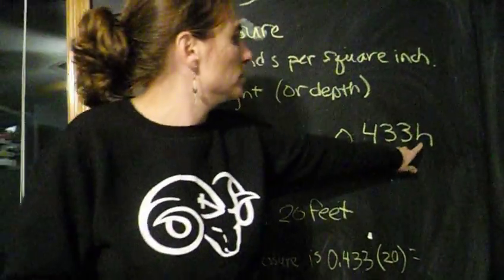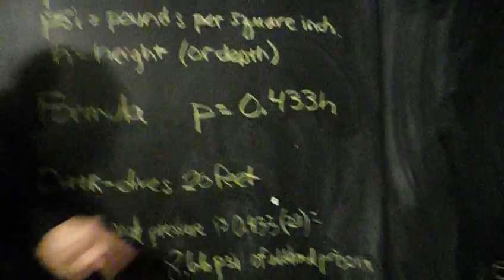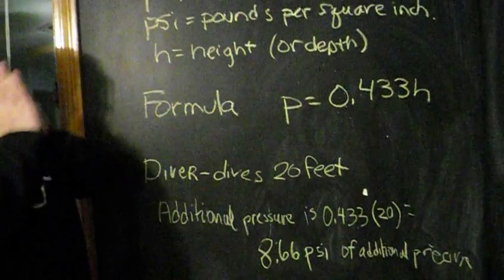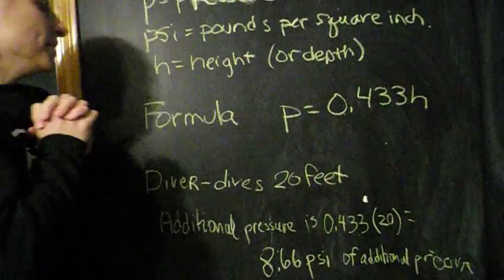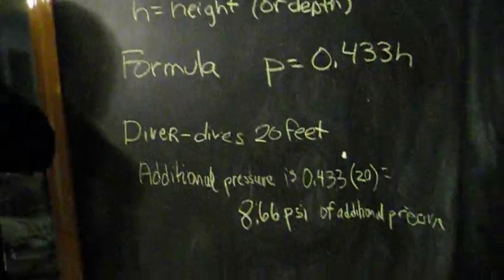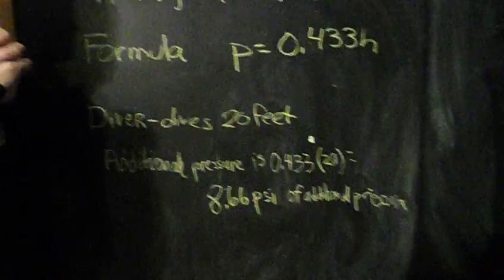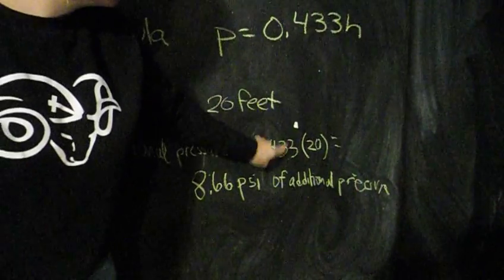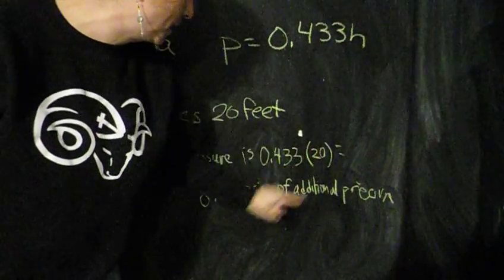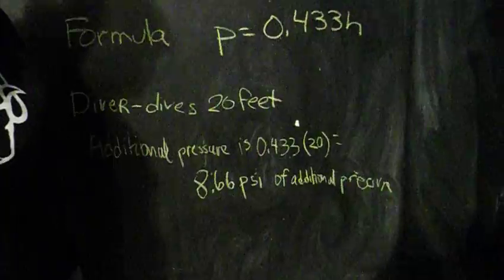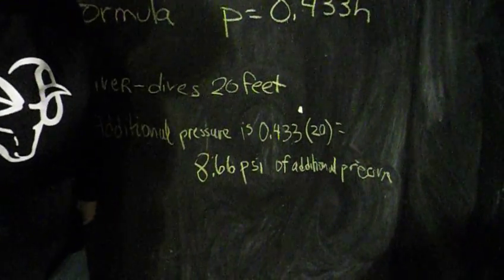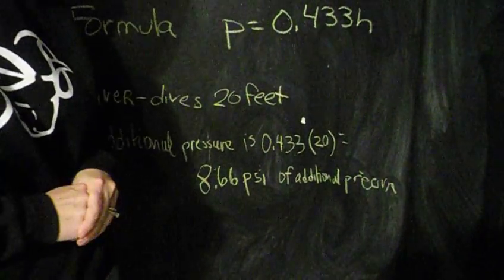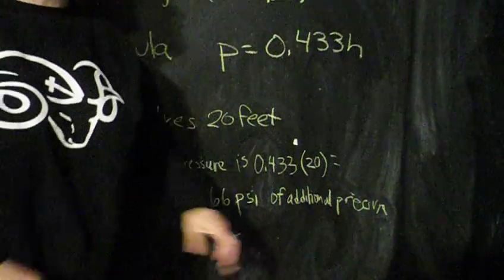The H is the height and the P is the pressure. So if a diver dives, ready, diving down 20 feet, there's going to be additional pressure felt. So the additional pressure is 0.433. Then you plug in the H, which is 20, and that's going to give you 8.66 PSI of additional pressure, and that's pounds per square inch.